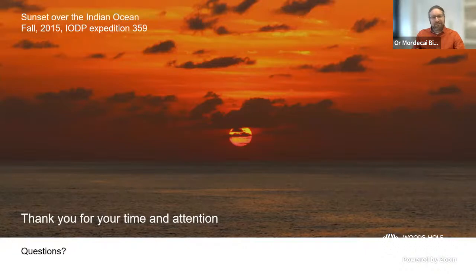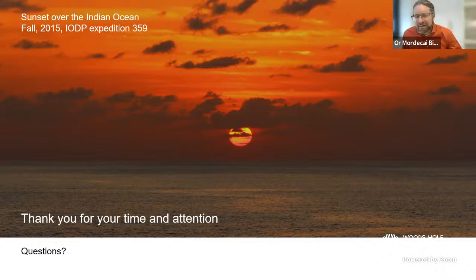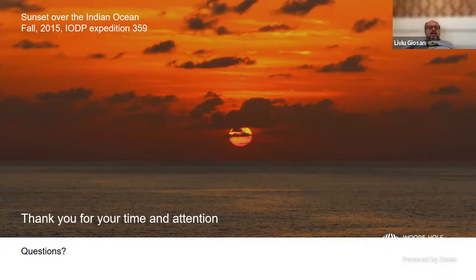Question, discussion? Thank you so much, Or. This is a very, very complex picture of the monsoon and the Indian Ocean. I was wondering, when you were talking, how circularity plays into defining the modern monsoon and the proxies to define it, given your work.